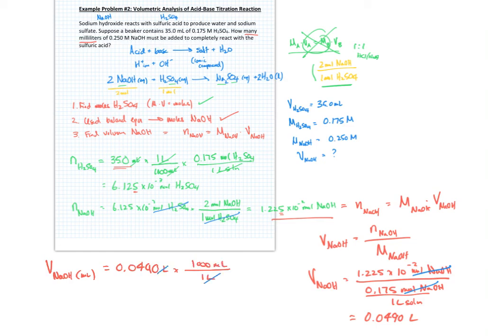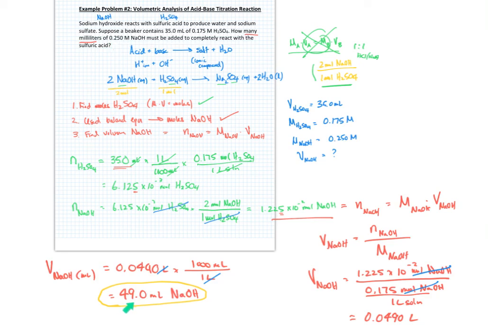Liter cancels liter. And that is going to equal 49.0 milliliters of NaOH that will be required to titrate this H2SO4. So of my 0.250 molar NaOH solution, I'm going to need 49.0 milliliters of it.